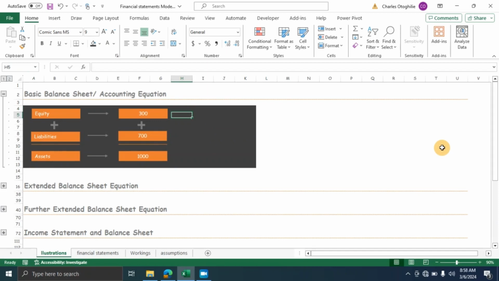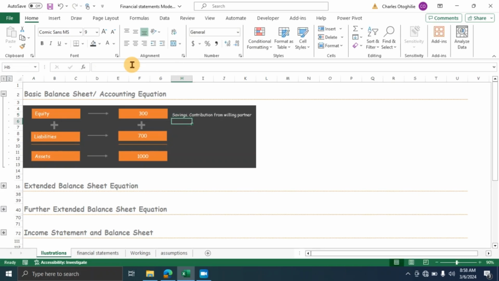When we talk about equity, we're talking about things like savings that you have put together to start the business. And when we talk about liabilities, like equity, it could be savings, it could be contributions from willing partners.